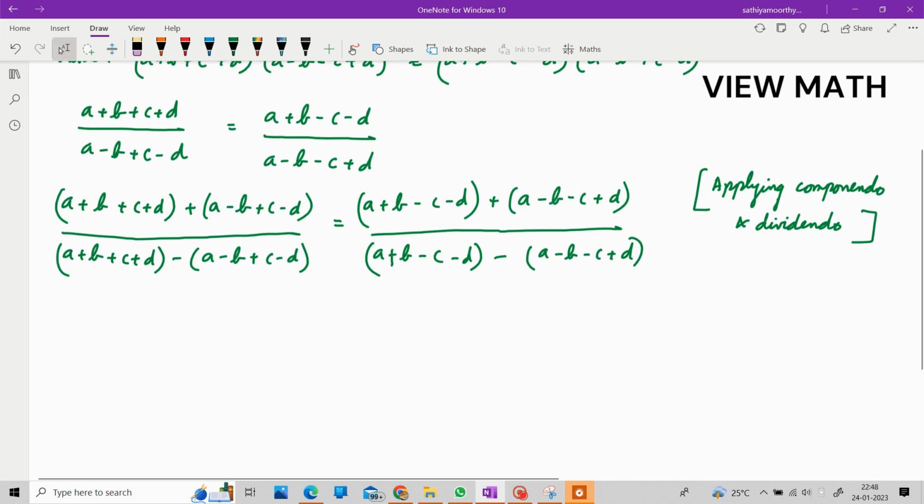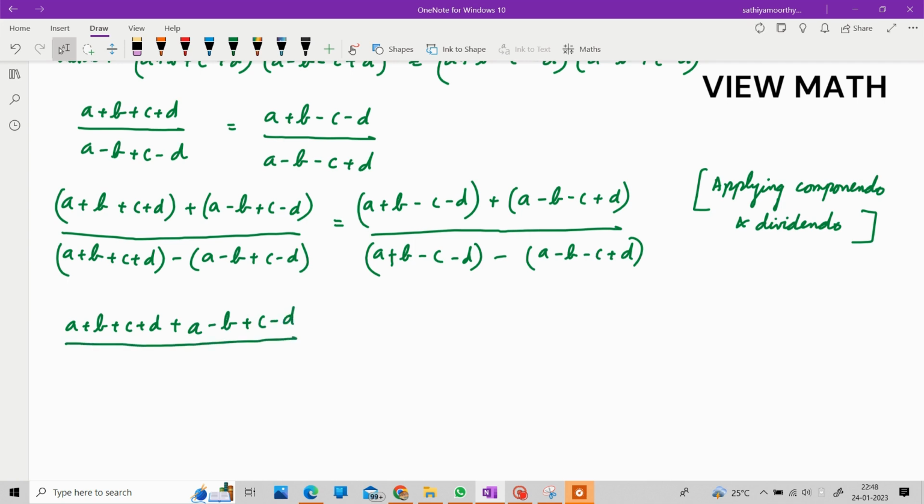Now let me remove the brackets. a + b + c + d, since it is positive outside the bracket, I can write as it is. The terms inside the bracket, a − b + c − d, divided by the denominator a + b + c + d, the negative terms I have to multiply inside: minus a, minus into minus becomes plus b, minus into plus is minus c, minus into minus is plus d.